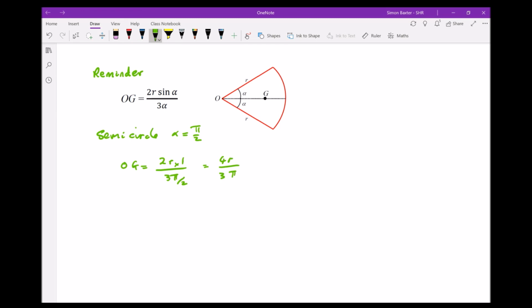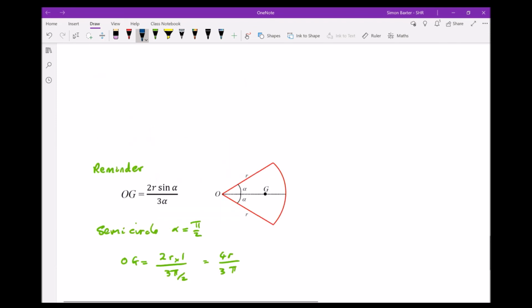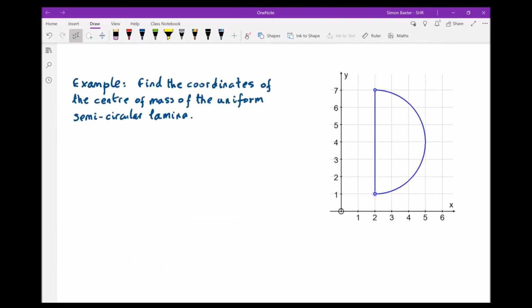Now we want to remember that the distance from the center of the circle to the center of mass is 4r over 3 pi, where O is the center of the circle, not the origin.